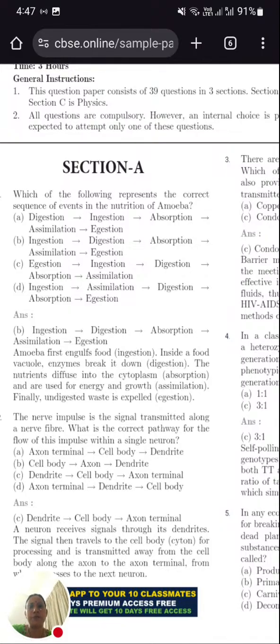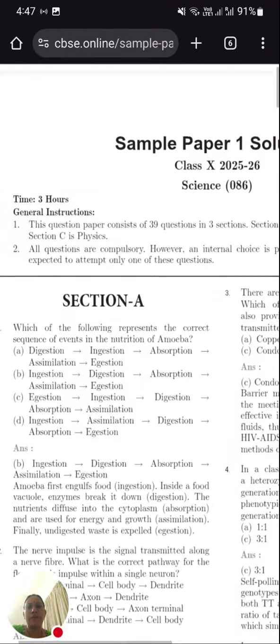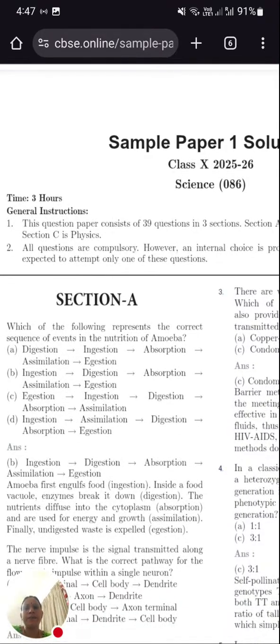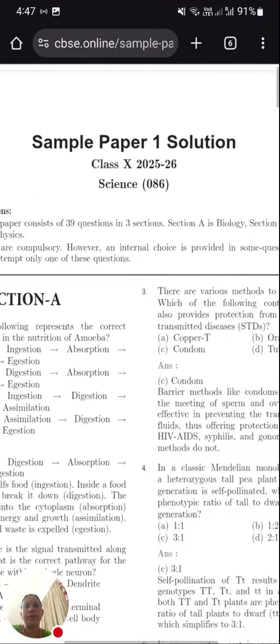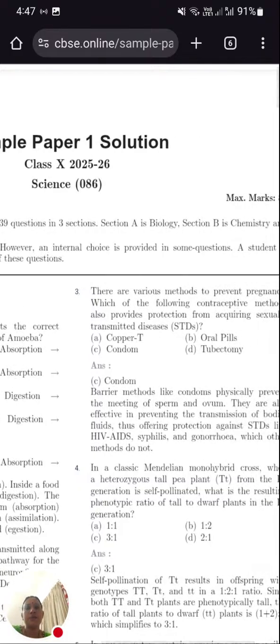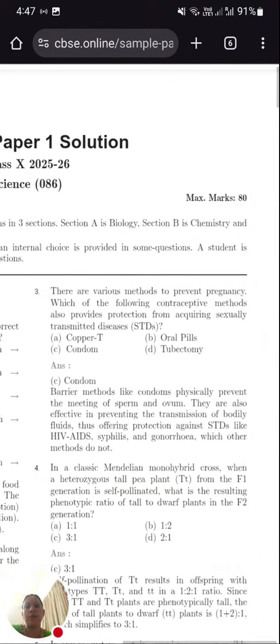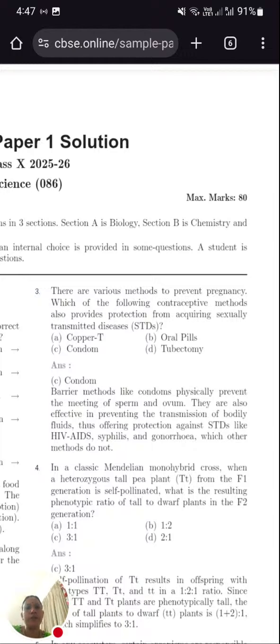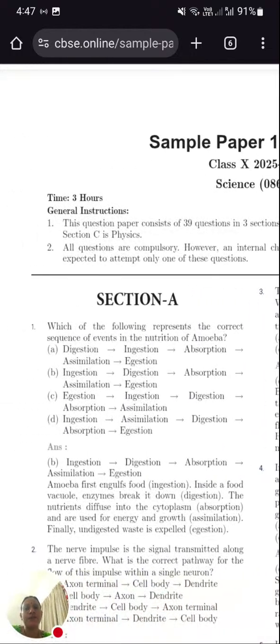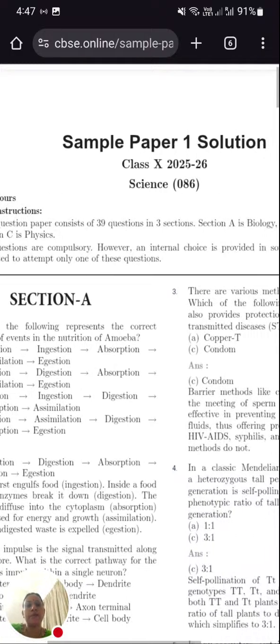So here the first question, as per the marking scheme, the question paper consists of 39 questions in 3 sections. Section A is related to biology, section B is related to chemistry, and section C is related to physics. As announced earlier, for the science and social science paper, you need to write answers section wise.